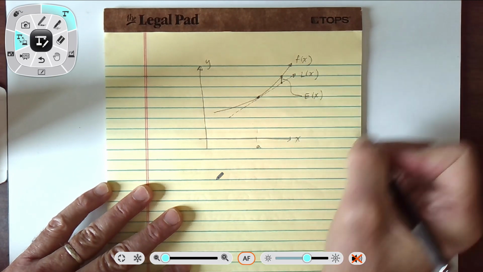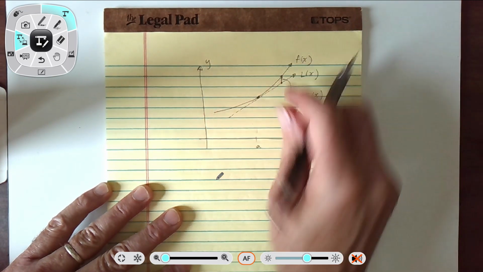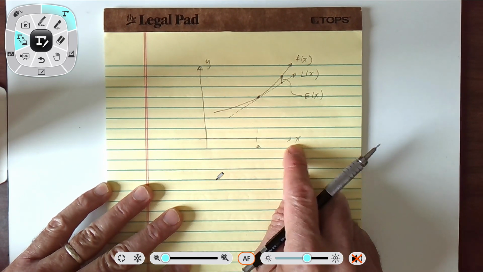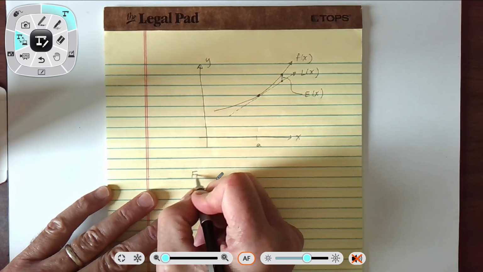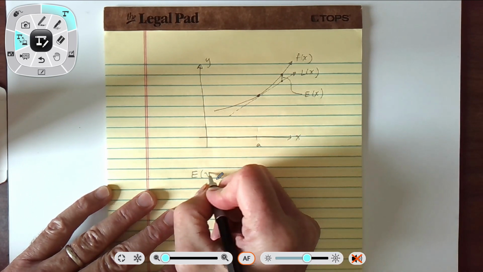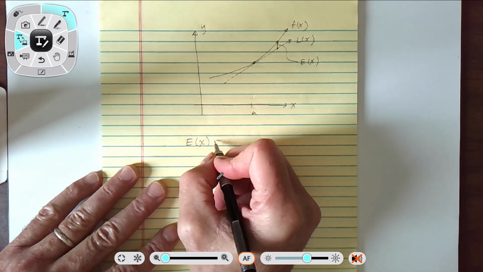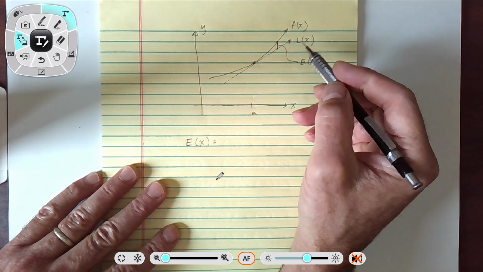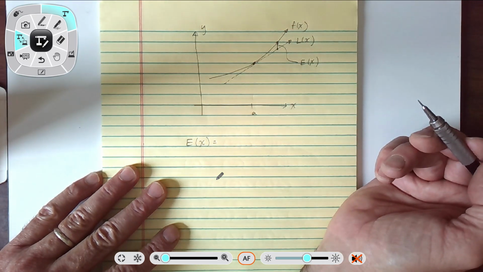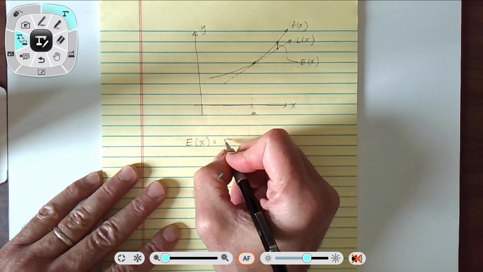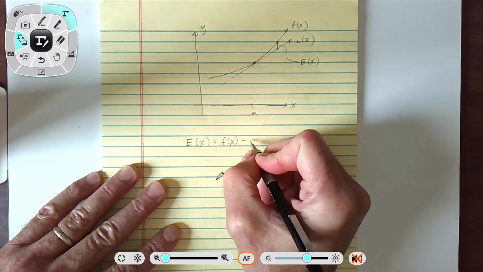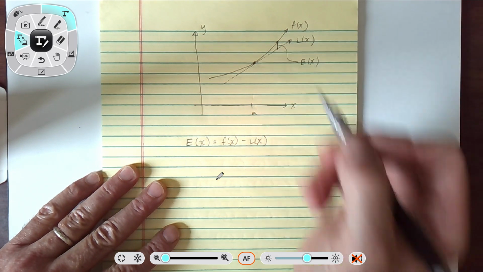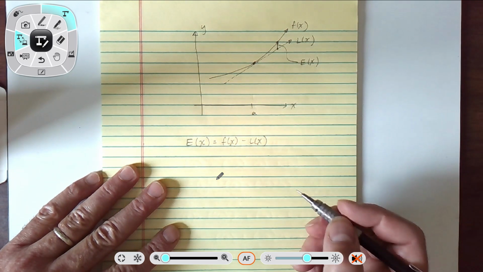And I could slide that anywhere I want based on which x I plug into the error function. It seems intuitive that what we want to know is the difference between those two functions, from f of x to L of x for that value of x. So that will tell me basically how tall that little bar is.